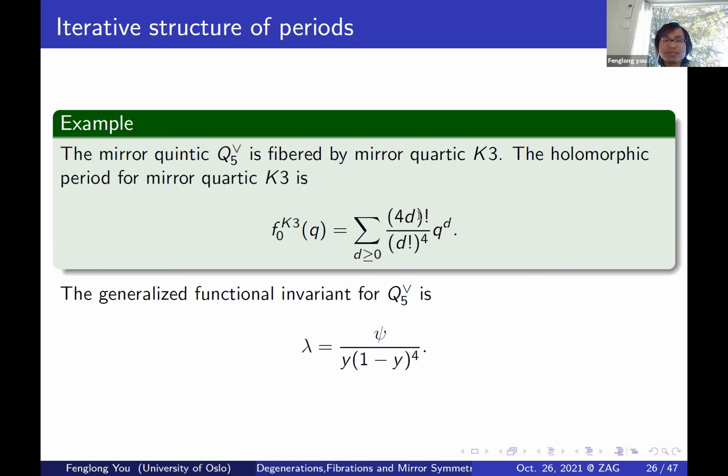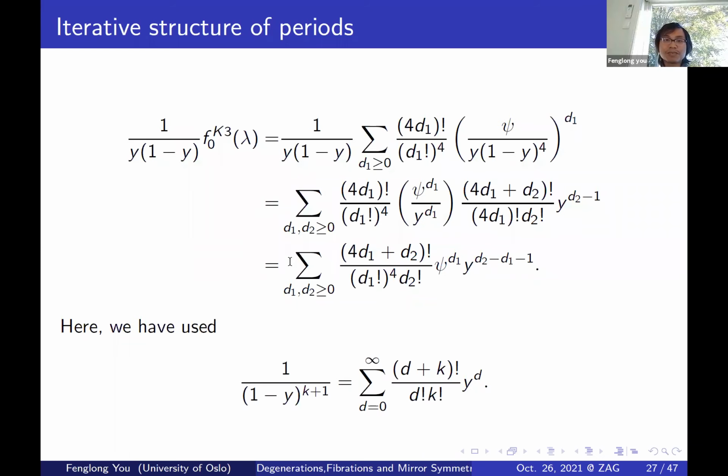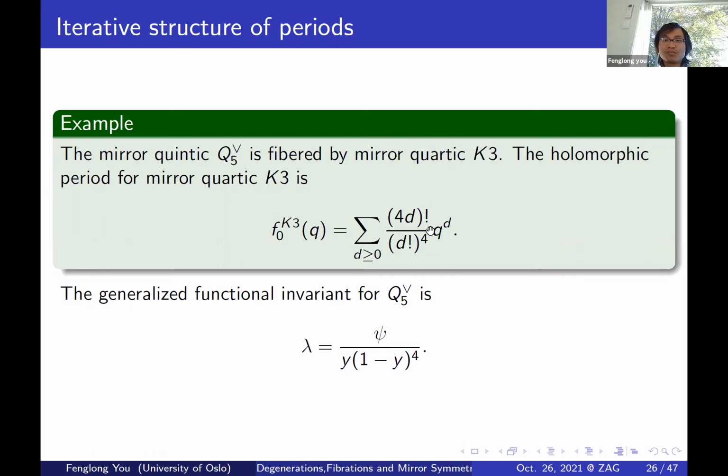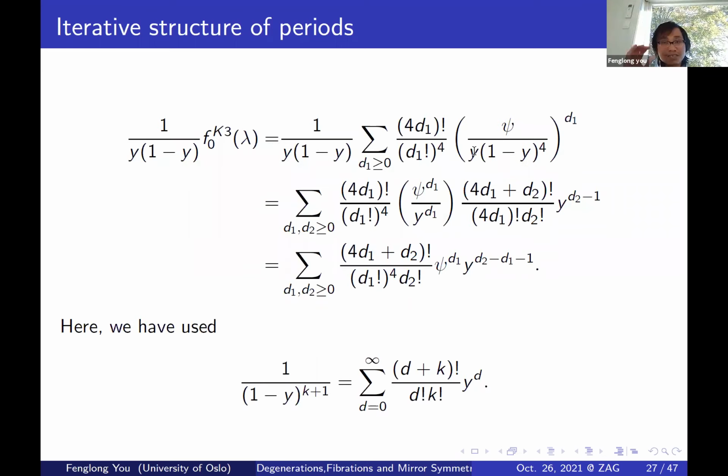Now using the period for the mirror quartic and this function, we can compute the period for the quintic, where we replace this q by lambda. Now this part is completely elementary.